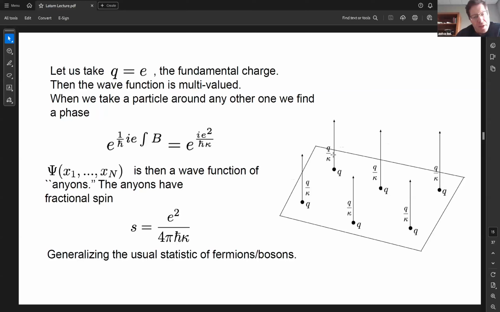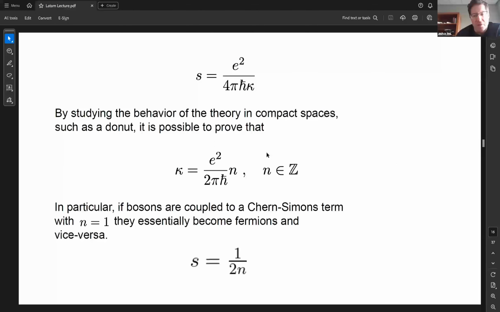There is a theorem in mathematics that the total magnetic flux has to be an integer through compact manifolds. That's one of the Chern classes. So if you require that Q over kappa is an integer, you can see that this roughly speaking leads to what you want. Because if kappa would not be an integer, then Q over kappa times an integer would never be 1.